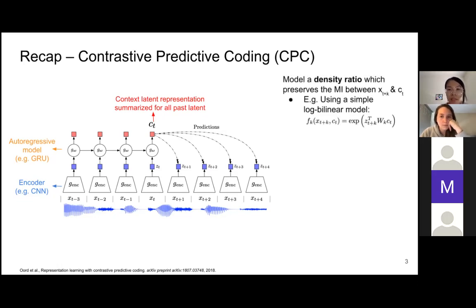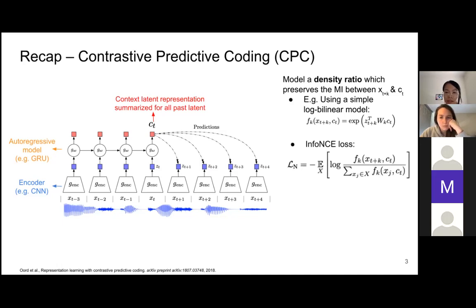What CPC does is model a density ratio, which preserves the mutual information between X_{t+k} and C_t. X_{t+k} is the input at future time steps, and C_t is the context summarized up to time step t. In this paper, they use a simple log bilinear model to represent this density ratio.